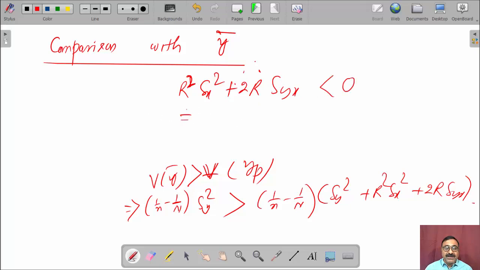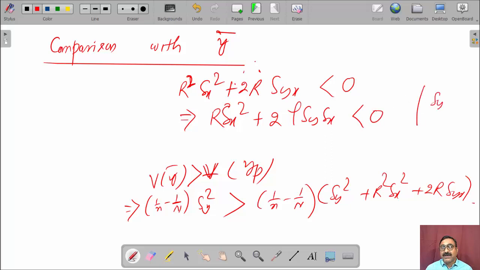So that implies r square sx square plus 2 rho sy sx is less than 0, because syx by sy sx equals rho, so syx equals rho sy into sx.